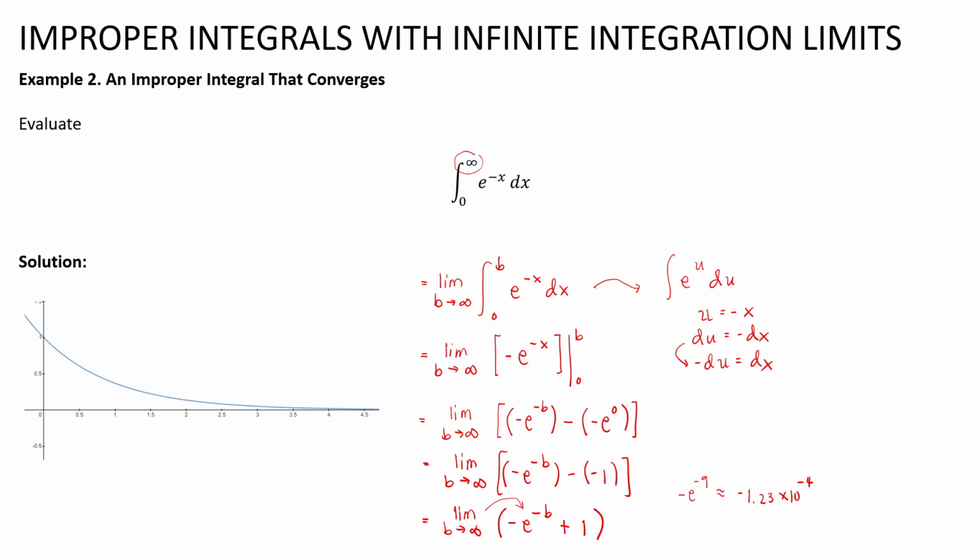So let's say negative 99. So negative e raised to negative 99, so approximately negative 1.011 times 10 to the power of negative 43. A super small number.